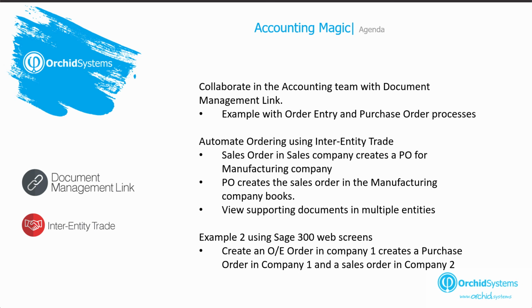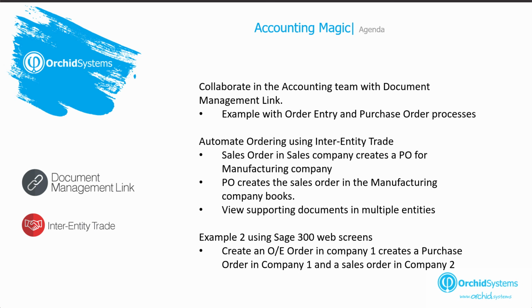In the manufacturing company, we then ship and invoice the OE order, which automatically receipts and invoices the purchase order and ships and invoices the sales order in the distribution company. This is how we configured our example. We also demonstrated that you can enter the sales documents once and view them in the related transactions in the same company or across companies.